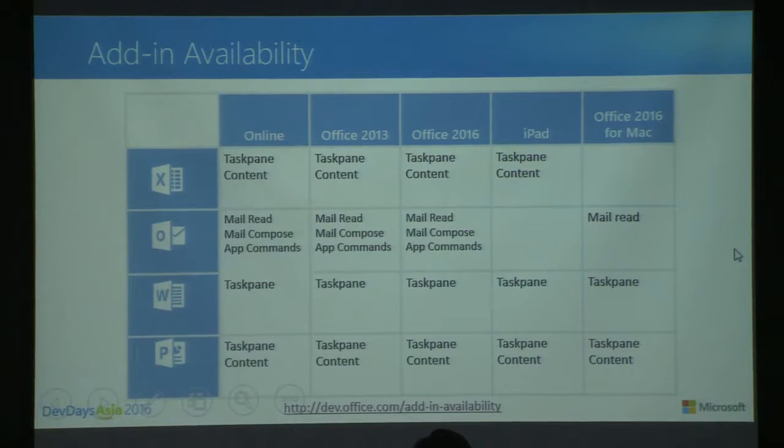This table shows the add-in availability among different products and different versions. So this is a tip for building an Office add-in: you will want to pay attention to add-in availability. You can tell that for different versions and different products, the Office add-in types are not the same.